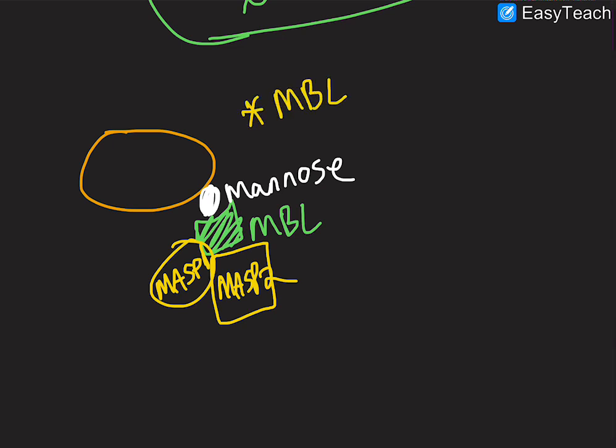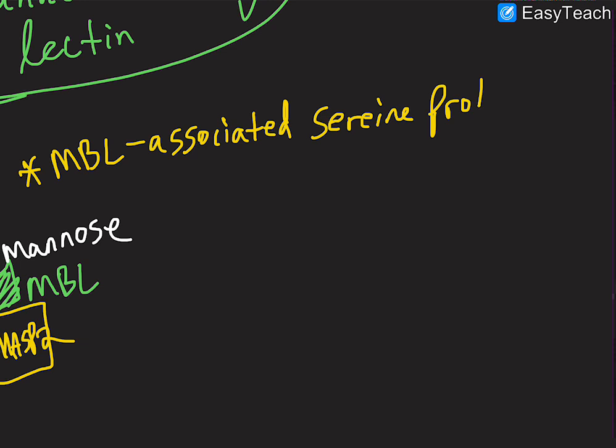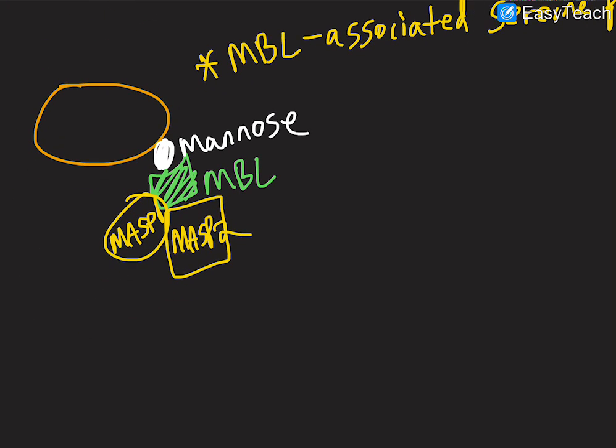Again, this stands for mannose binding lectin associated serine protease. So we're going to have MASP1 and MASP2 come and bind once mannose binding lectin binds the mannose on the pathogen.